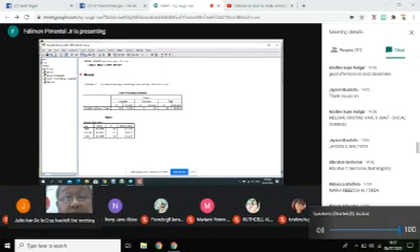Actually, we have done this in our test. You have this particular table showing the mean for the English proficiency of both the male and the female.